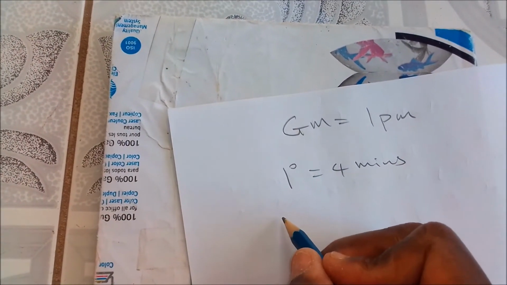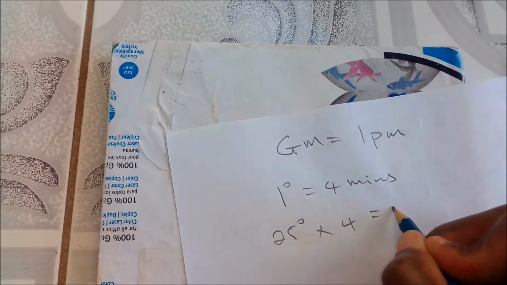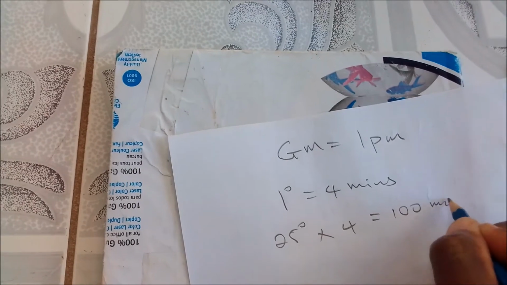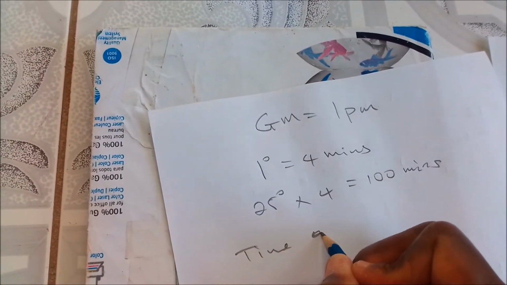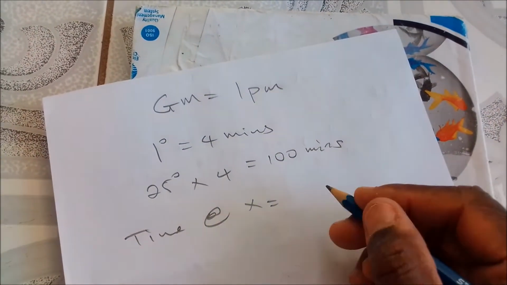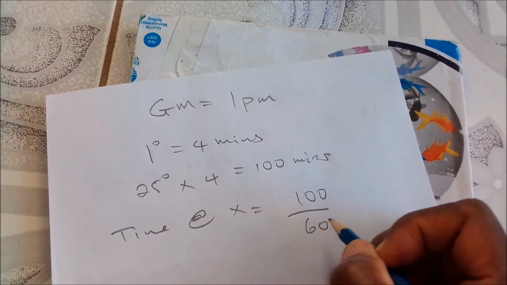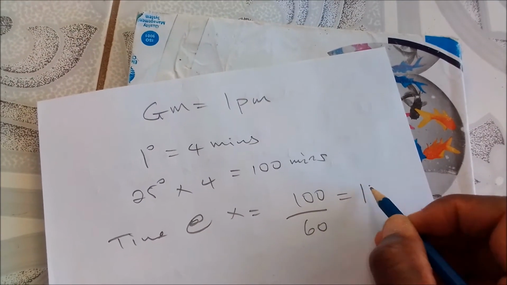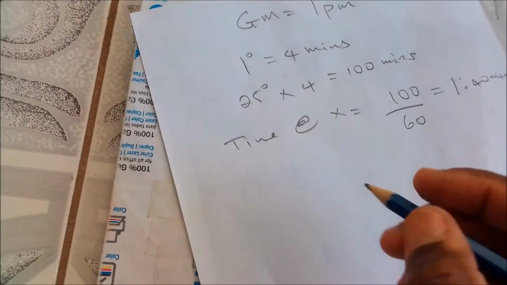The degree we're working with is 25 degrees, and that times 4 equals 100 minutes. So time at, let's call it position X, equals 100 minutes divided by 60, which equals 1 hour and 40 minutes.